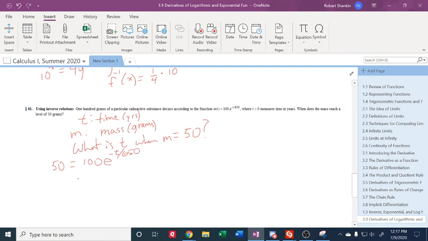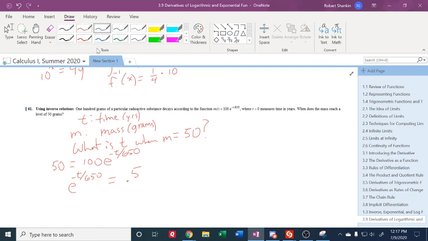Over this. Divide both sides by 100. So e to the negative t over 650 is going to equal 50 over 100, which is 0.5. And then I have to get rid of that e. So I'm going to take the ln, use those inverse functions. These are going to kill each other off.